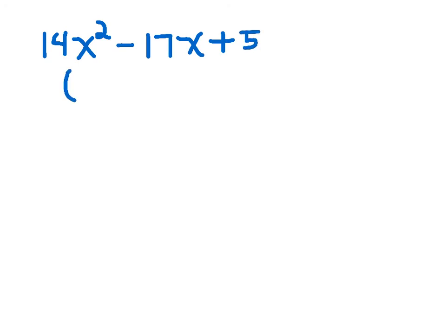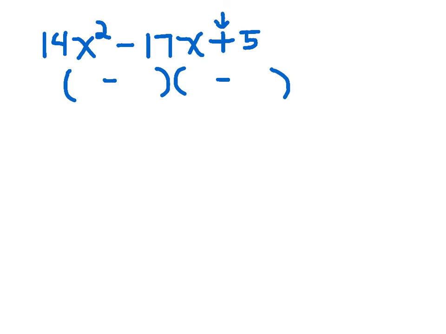Let's try 14x squared minus 17x plus 5. Okay, the signs are going to be the same because of this. They're both going to be negative.